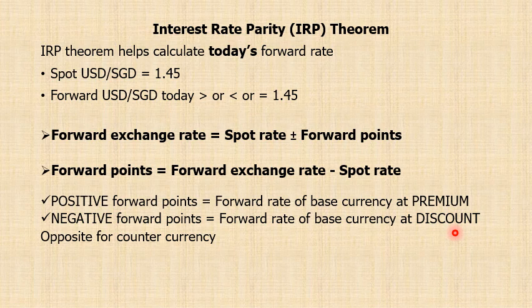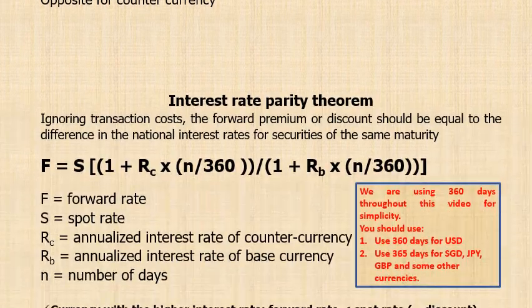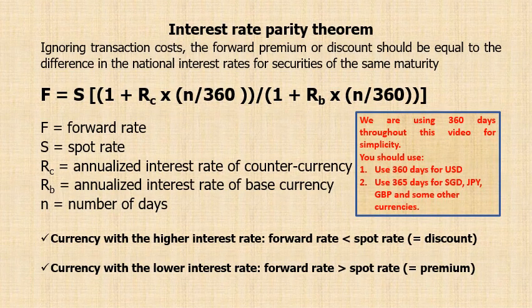This premium or discount is from the perspective of the base currency. Things are different from the perspective of the counter currency. Now, how do you calculate the forward points or the forward rate? The value of the forward points, or the theoretical premium or discount, can be calculated from the interest rate parity theorem.